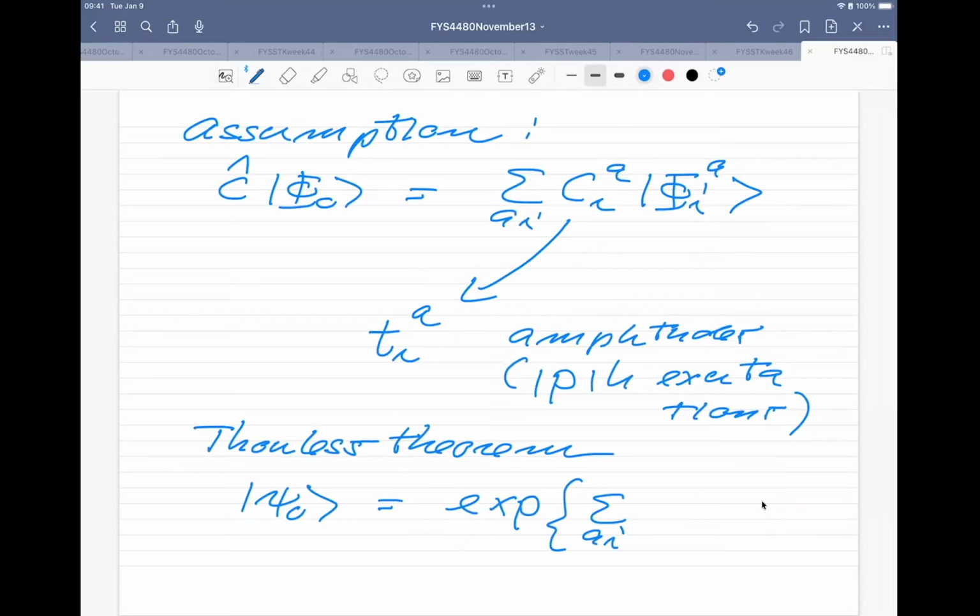If I now bring in the exact diagonalization coefficients, that could be one way of writing it. But now I'm just going to stick to these amplitudes. Because I'm going to treat them as unknown parameters, which I'm going to extract from my algorithm for coupled cluster theory, or I could use many-body perturbation theory, or if I diagonalize, then I have them from diagonalization. So then I have ai, and this is acting on the ground state, like that.